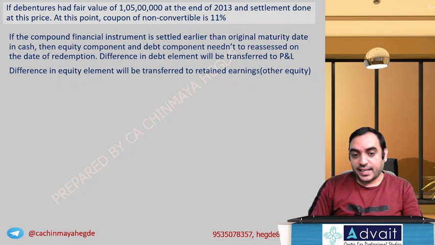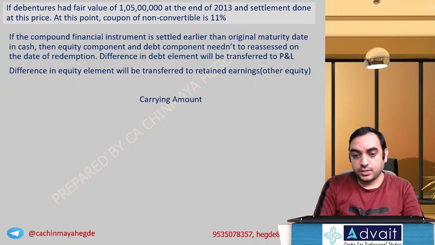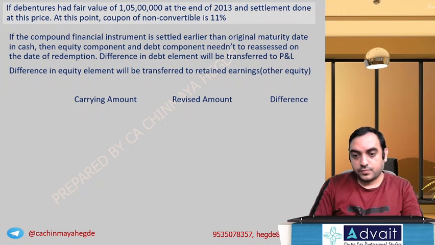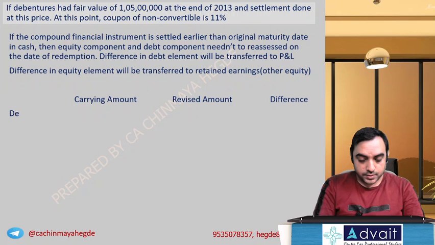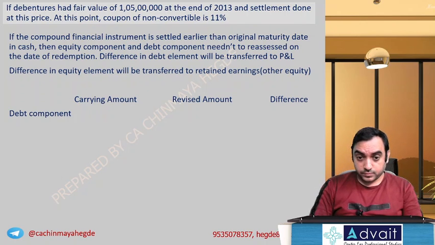Okay, let's calculate that in this case. What is the carrying amount, what is the revised amount, and the difference? So the debt component, what was the carrying amount as on 2013?